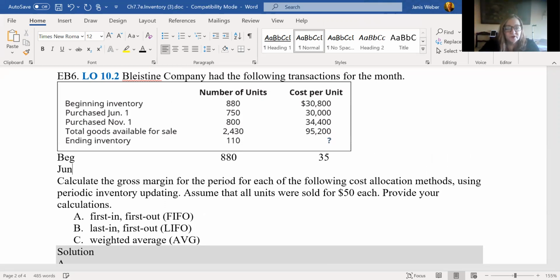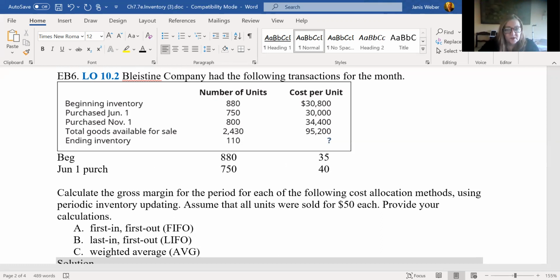The June 1st purchase, 750 units, and $30,000 for 750 units means they cost $40 a piece. And then the November 1st purchase is 800, which we paid $34,400 for. If you divide it out, $34,400 divided by 800, you get $43 per unit. I've already multiplied those out or divided those out.